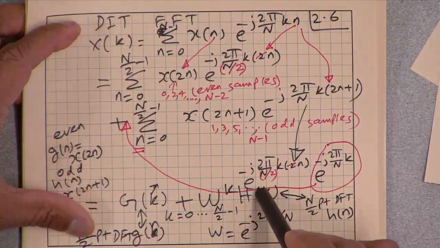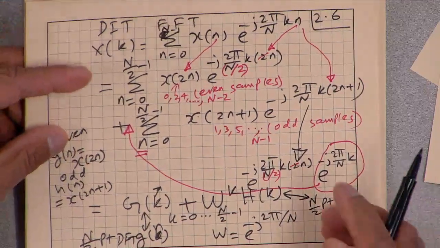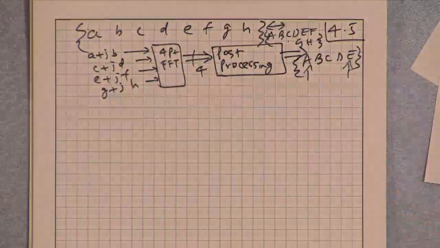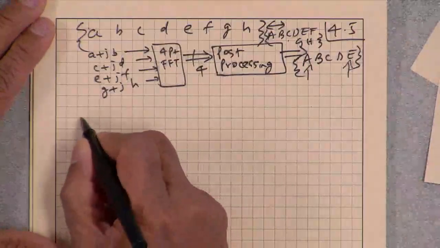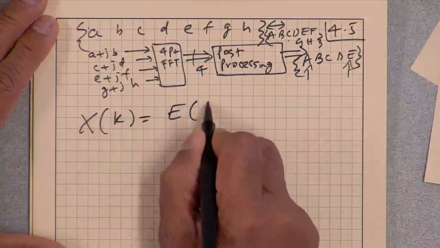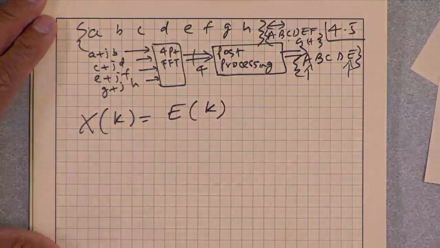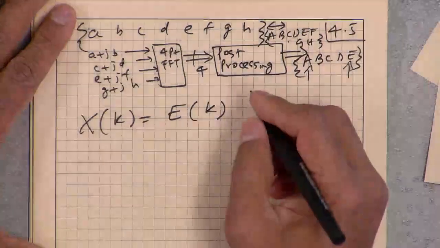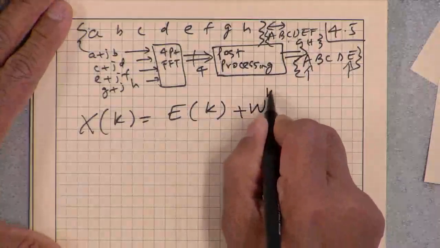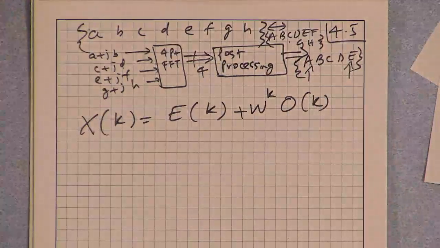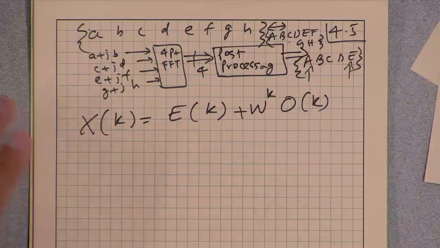So we already derived that xk is equal to ek, the n by 2 point DFT of the even samples x2n, plus w to the power k times ok. We can make use of that.